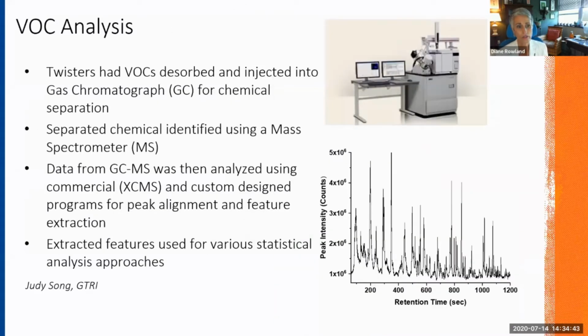Those twisters are then taken into the lab and analyzed for VOC signatures using gas chromatograph mass spectrometry, and so you can look at the peaks of the different compounds and then use those signatures in our statistical analysis approaches. And so basically determining which compounds differed in our treatments.